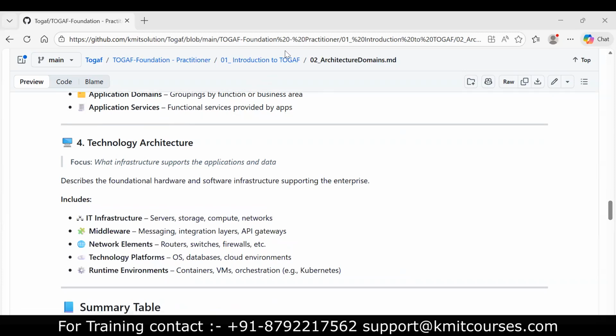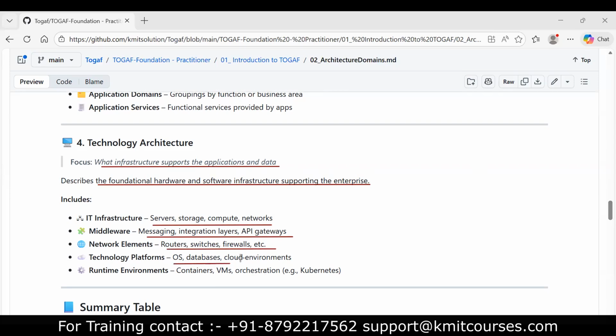Now let's talk about the technology architecture. In technology architecture, we look at what infrastructure supports the application and data. It describes the foundational hardware and software infrastructure supporting the enterprise. IT infrastructure includes servers, storage, compute, networks, middleware, messaging, runtime layers, API gateways, and network elements such as routers, switches, and firewalls.